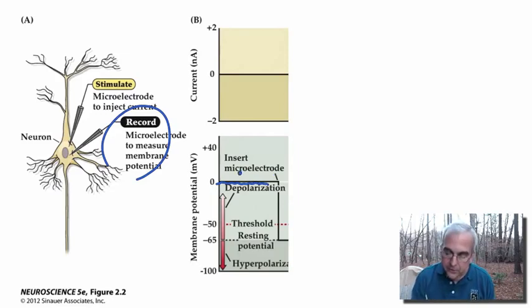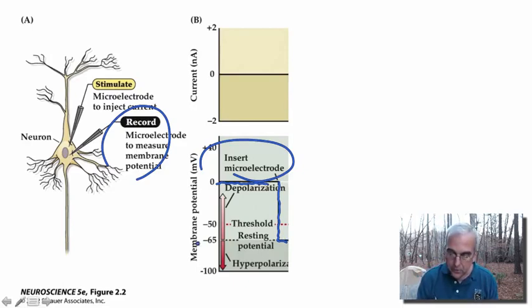But as soon as we insert this microelectrode into the neuron, we see a sharp fall in the recorded membrane potential, which is to say we are recording a potential between the inside of the cell and the outside, with the inside of the cell being negative relative to the outside. The magnitude of that negativity, at least in this experiment, is on the order of about minus 65 millivolts.